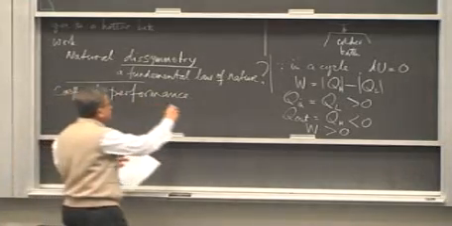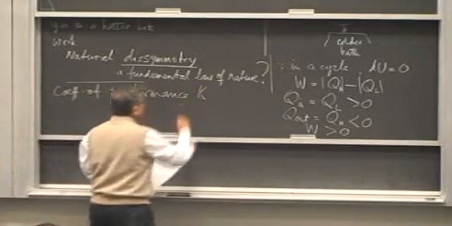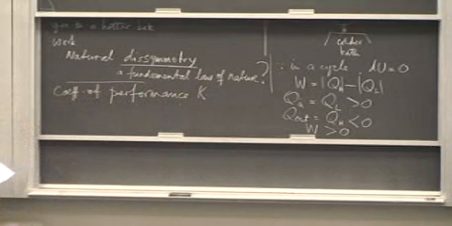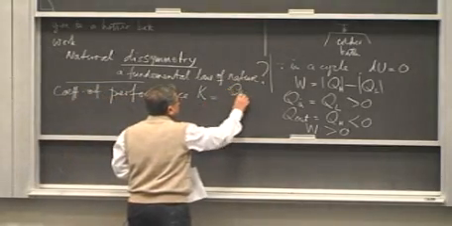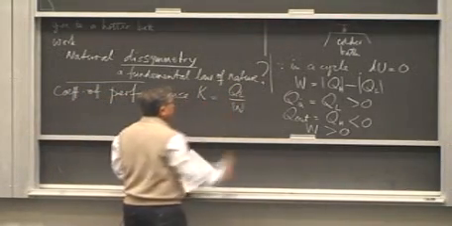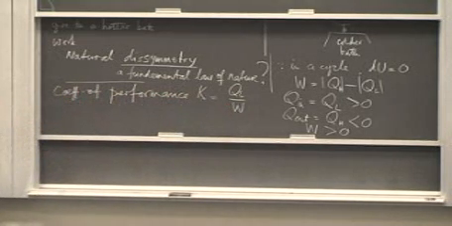It is traditionally called the coefficient of performance and written as capital K. This is QL divided by W: how much heat is taken in divided by how much work needed to be done for the system to supply heat from the lower level to the upper level.